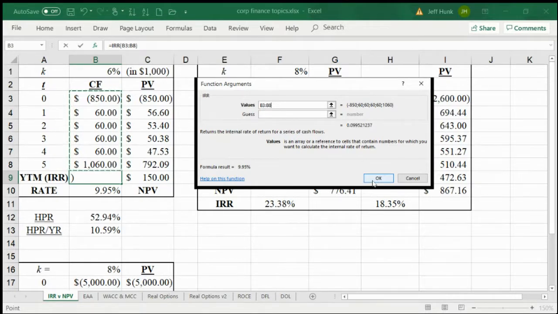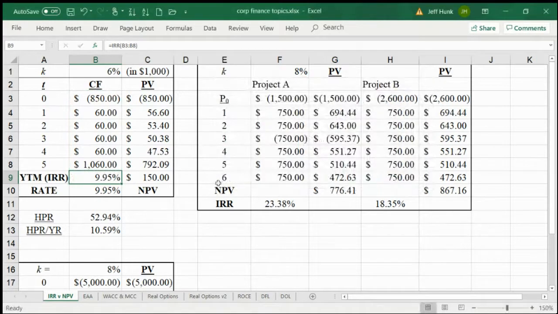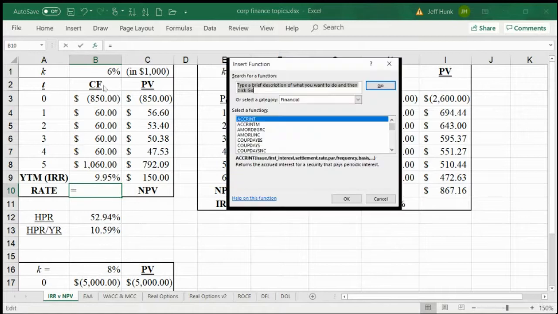Then hit OK, and we got that. Now here in the rate function, again, you can type in rate, but you can also go to the function menu, go into the financial category and scroll down until you find rate.